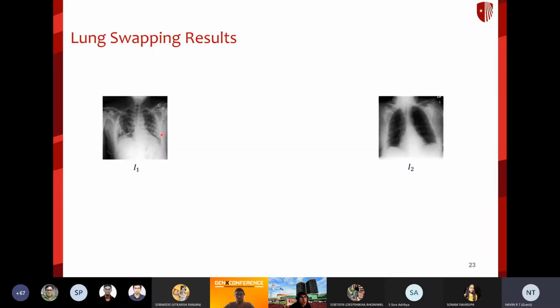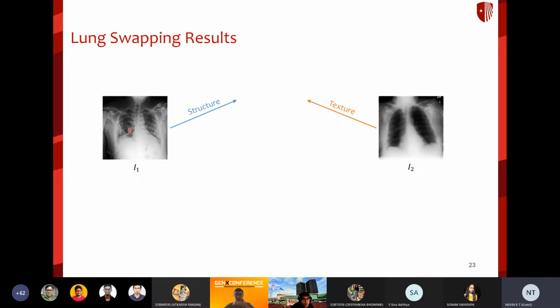Now, here's an example of the lung swapping results that we obtained. With both in-lung texture supervision and out-of-lung distortion suppression, we can achieve reasonable lung swapping results, as you'll see now. In the first image, you can see the structure of the lung, and the second image shows the texture of the lung. The second image is an example of a healthy lung. You don't really see any infiltrates here.